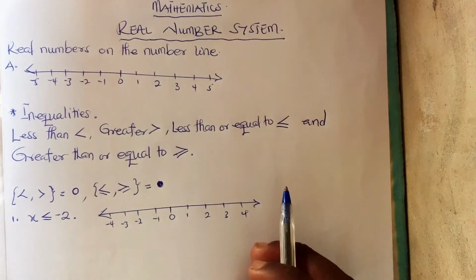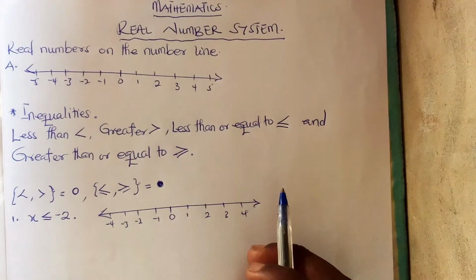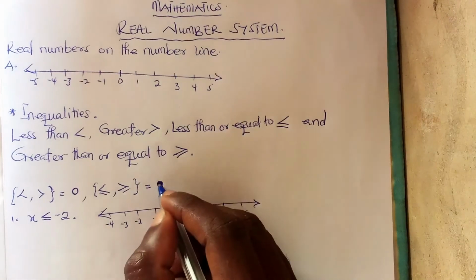X is less than or equal to negative 2. In representing this, we use a shaded 0 or a dot, but a bigger one.